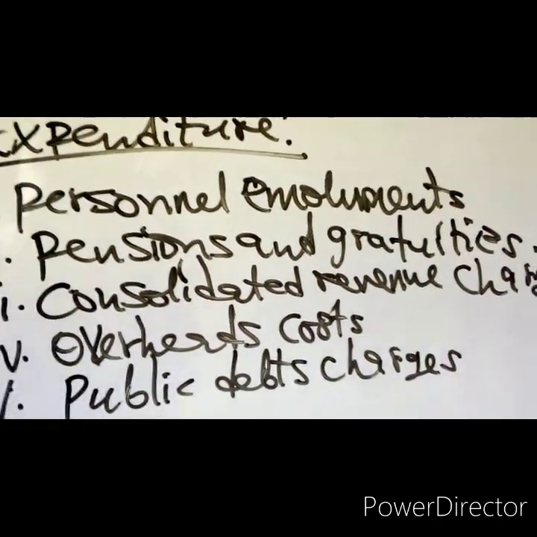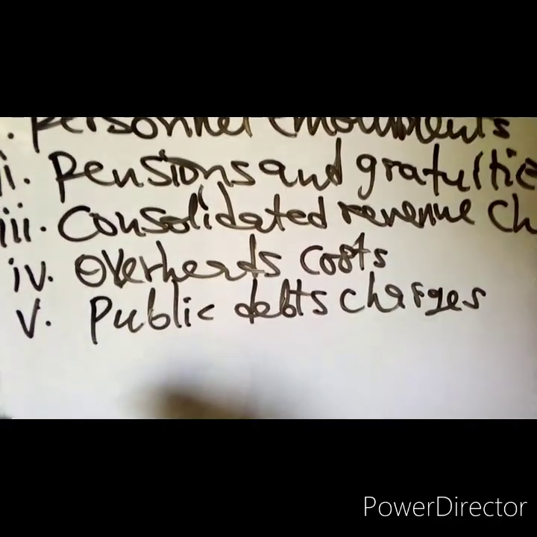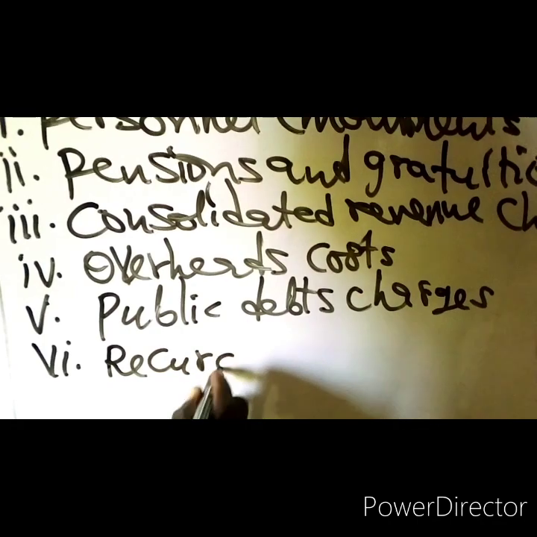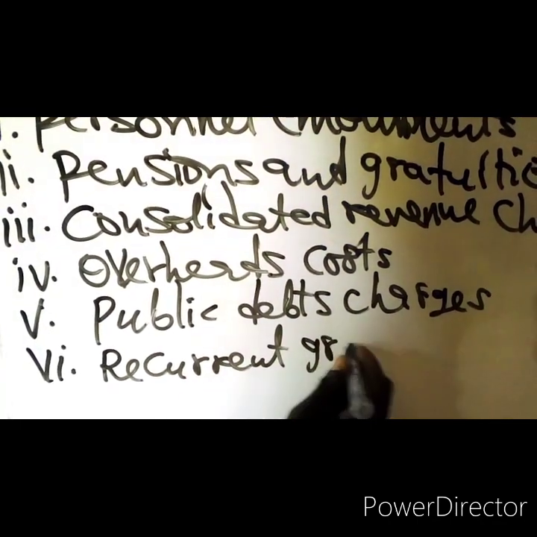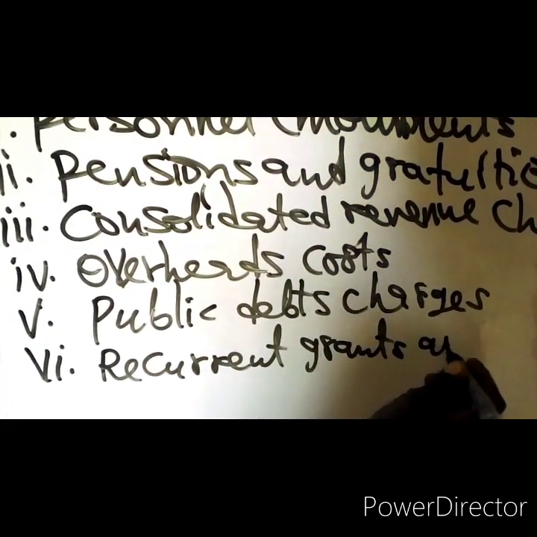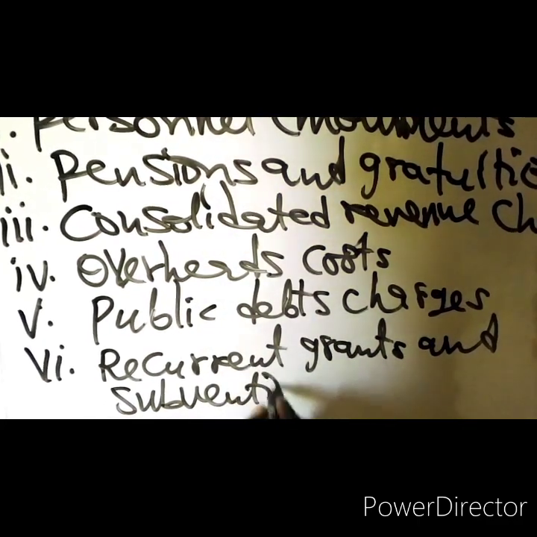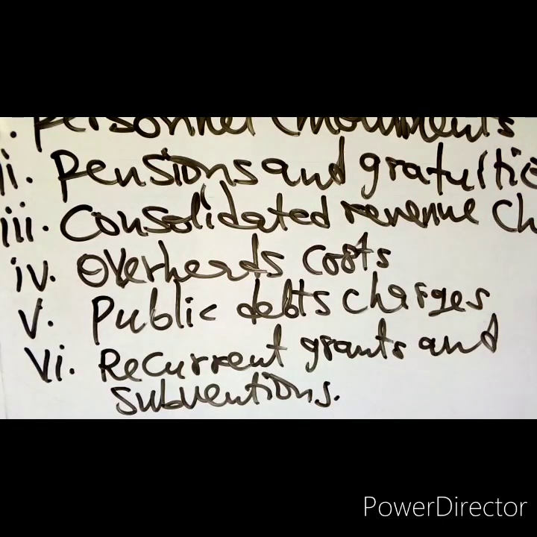Then we also have recurrent grants and subventions. Number 6, recurrent grants and subventions. They all fall under operating activities.